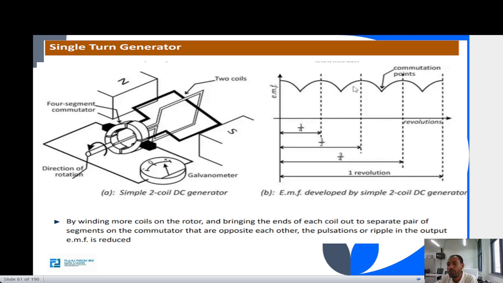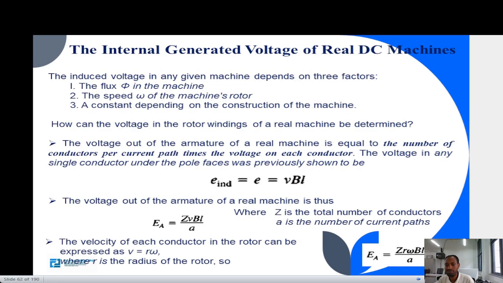The signal is still going to be pulsating DC, but with fewer impurities. So if I add a number of coils here, if I make it 3, 4, 5, 6, the impurity is going to be reduced and it becomes almost smooth DC. That's how the DC is generated from a DC generator.